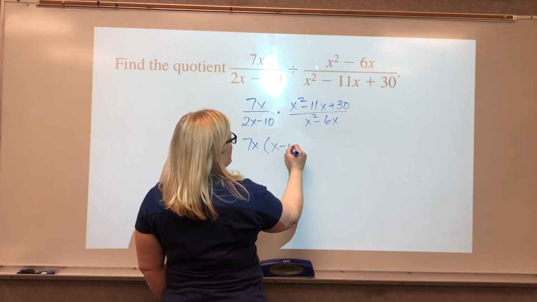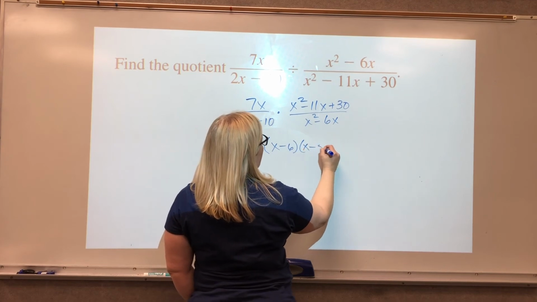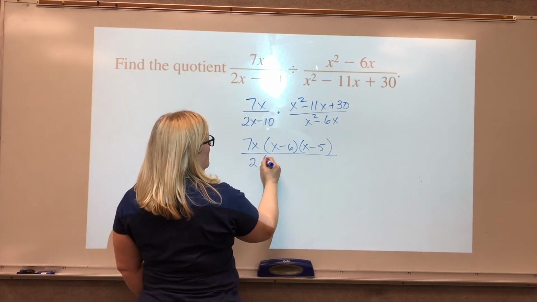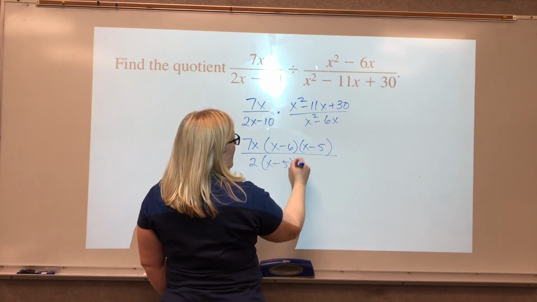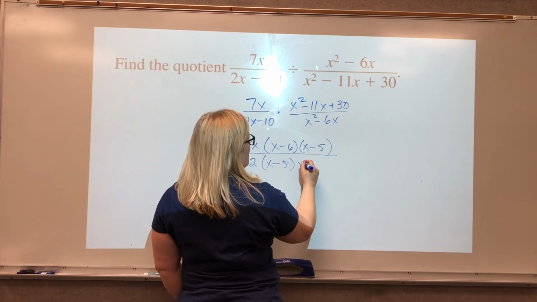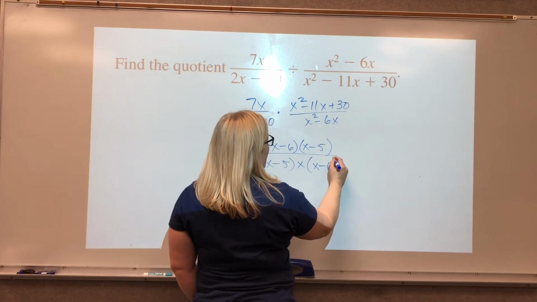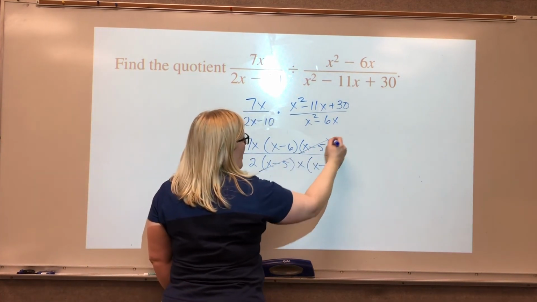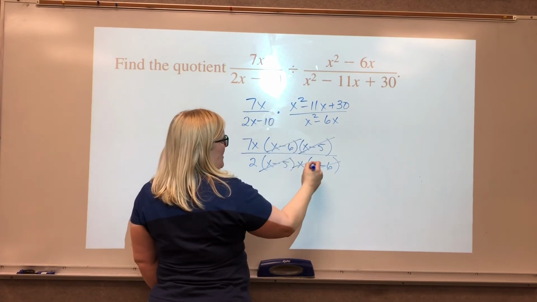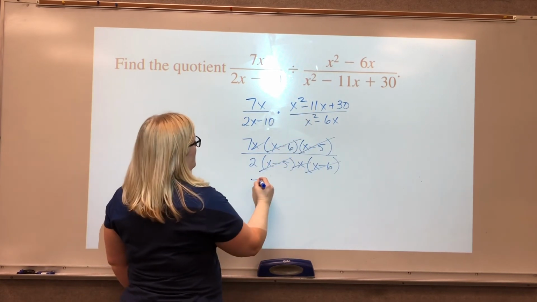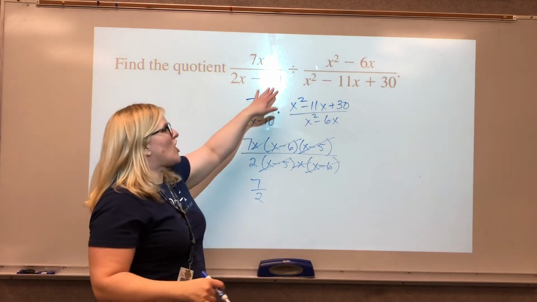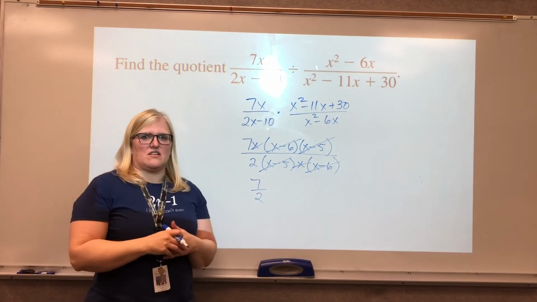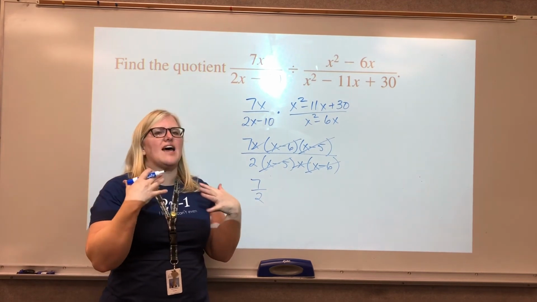This is x minus 6 times x minus 5 over, I can factor out a 2, x minus 5, and then I can factor out an x, and it becomes x minus 6. This is one of my favorite ones, because look at all this slashing. I can slash that, and that, and the x, and I'm left with 7 over 2. So you start with this really messy thing, and you get that for an answer. That is awesome. It's so satisfying.